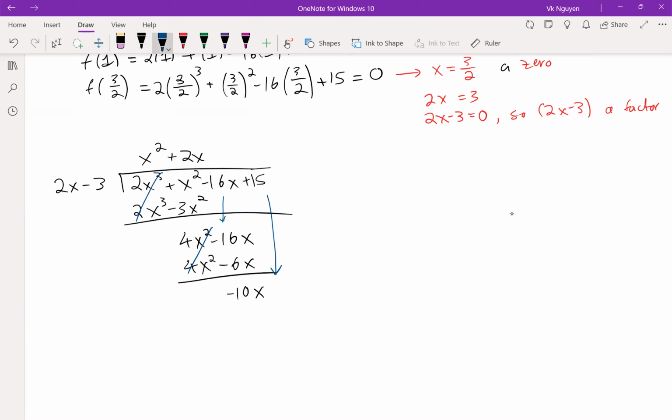Pull down the next term, plus 15. 2x going into negative 10x, negative 5 times. Negative 5 times 2x is negative 10x. Negative 5 times negative 3 is plus 15. Subtract them. Get 0.